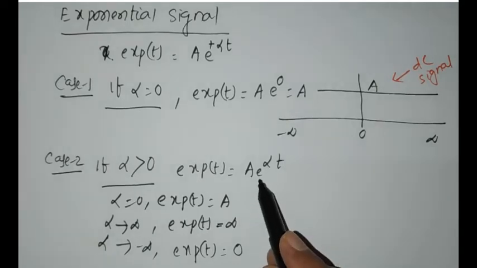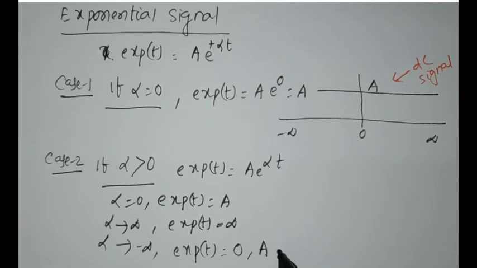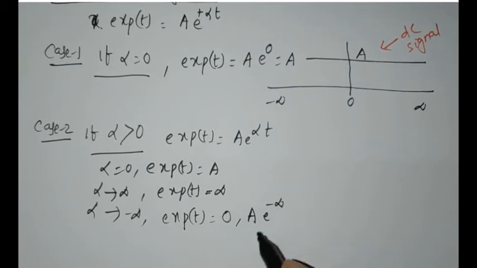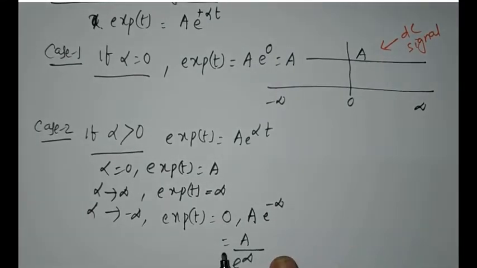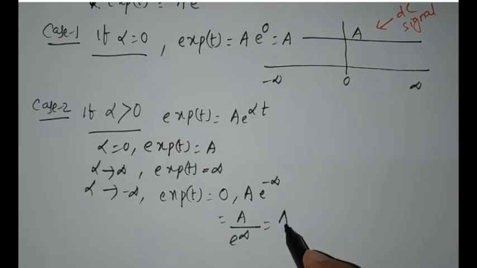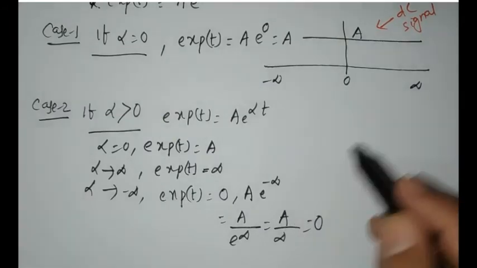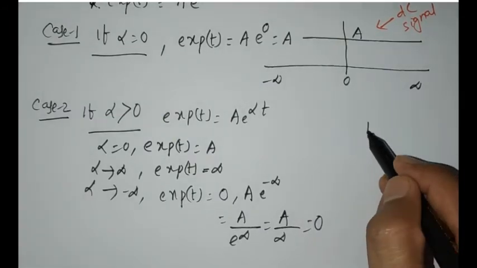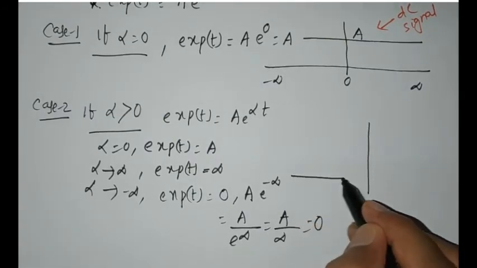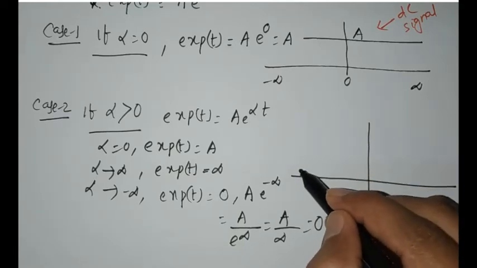Because a multiplied by e to the power minus infinity equals a divided by e to the power infinity, that is a by infinity, which equals 0. Then how can we plot this? If you want to plot, it's very simple. The plot will come like this.